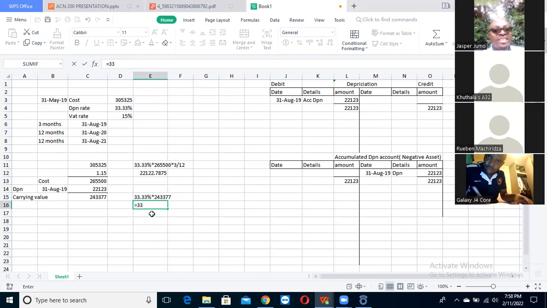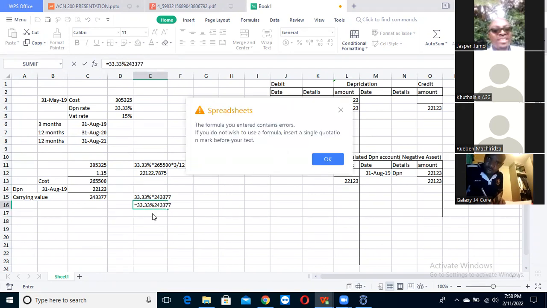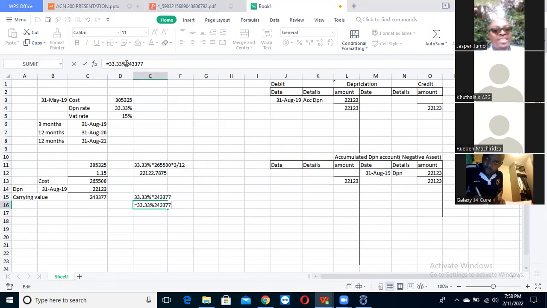So to calculate 33.33% of what? Of 243,377. Okay, the formula is incorrect. I left the multiplication sign there. And then we find the depreciation charge for the year.